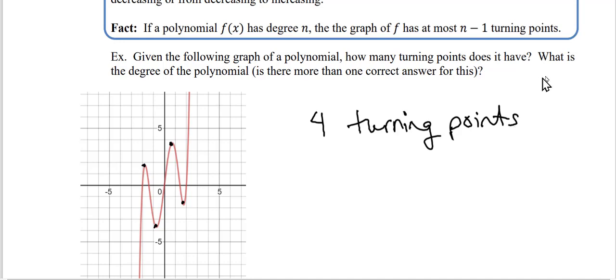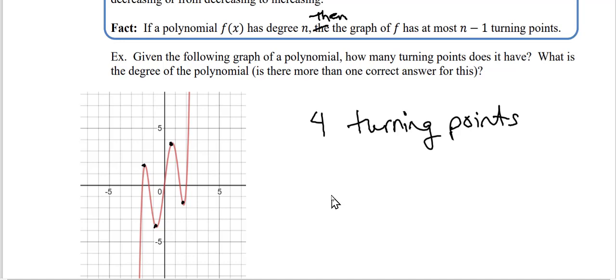The second question in this example is, what is the degree of the polynomial? We need this fact in the box above to answer that. If a polynomial f of x has degree n, then the graph of f has at most n minus 1 turning points. So if it has n minus 1 turning points, the degree has to be at least 1 more than that.